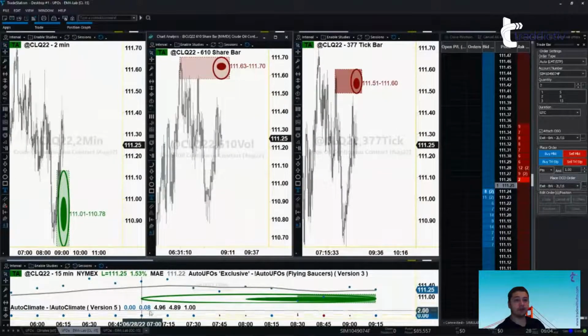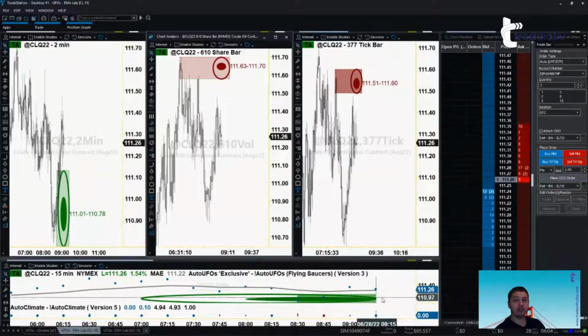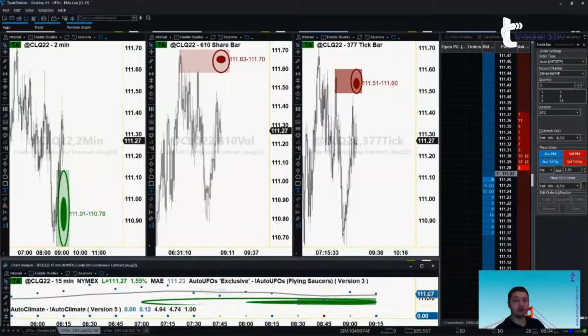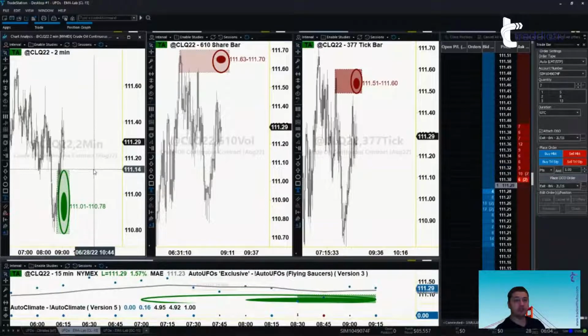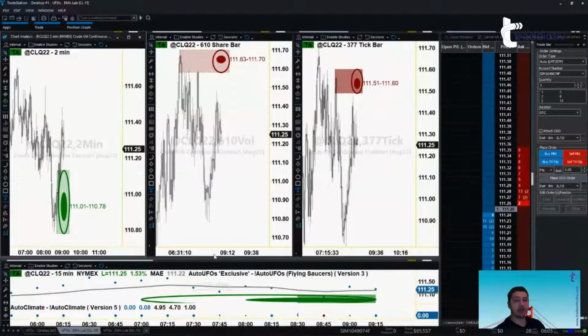All right, so looking at the first one here, crude oil, we do have a confirmed up climate. We do have a UFO at 111.13 starting. However, our 9 exponential moving average is giving us 111.22, which is right where price currently is.